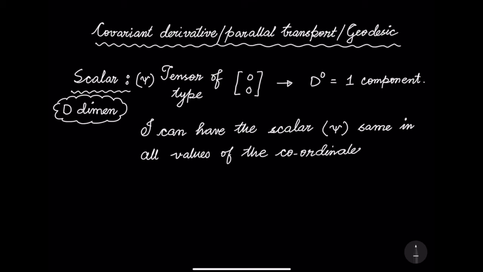So this is one example, and because it's an example, I put it with this star. This is one example of a scalar, which is only one component. Now it becomes only one number. The number is the same everywhere in the coordinate. The speed of light is such an example. Irrespective of where you are measuring it, in any reference frame, the value is always the same.